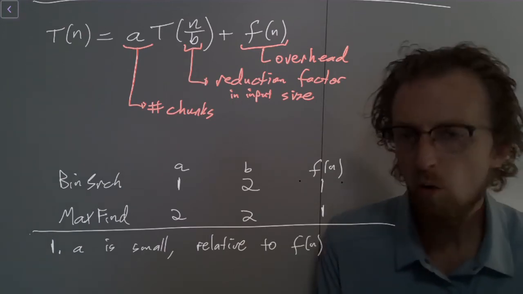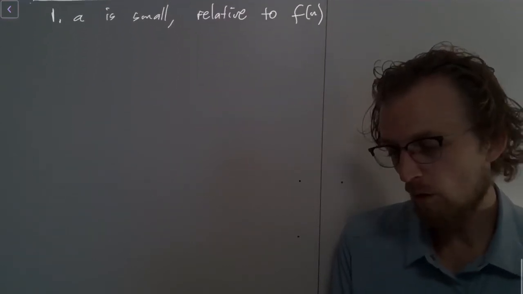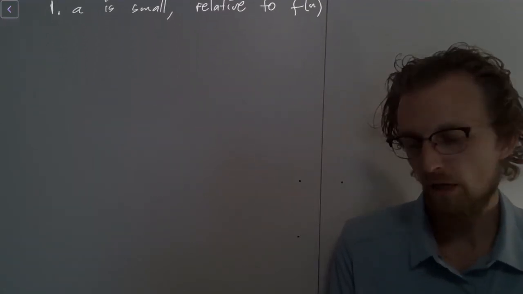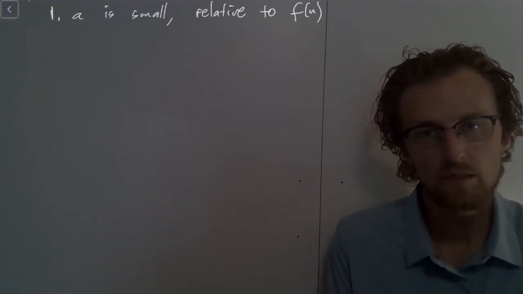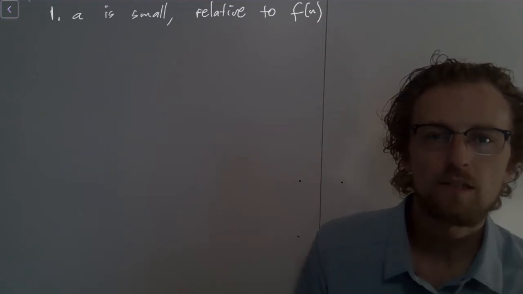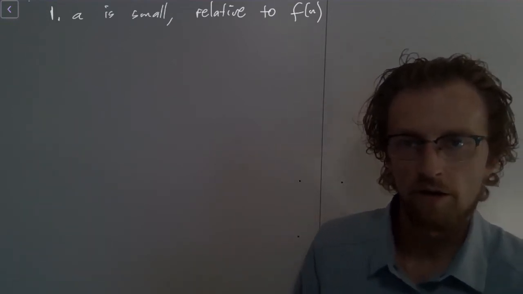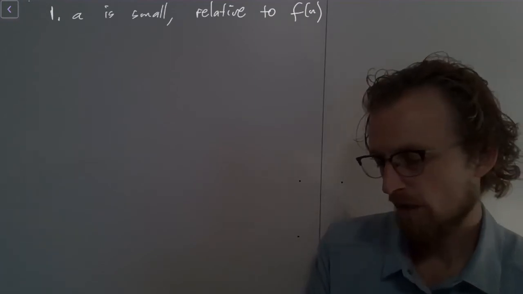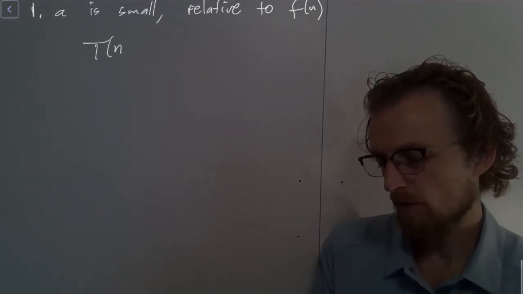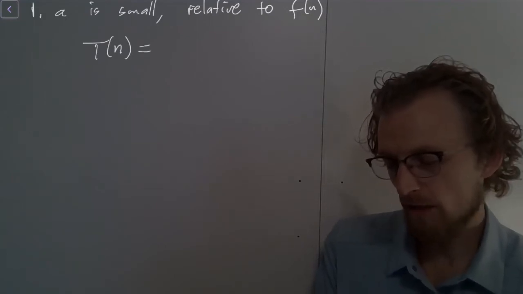Right? And now you don't know what it means to be small relative to overhead yet. We'll go into the details of this, and you'll be able to see exactly what it means. But suppose we knew that for whatever reason, there's just not that much recursion going on, but there's a lot of overhead. So here's an example of a recurrence relation that actually does have a small a relative to f of n.